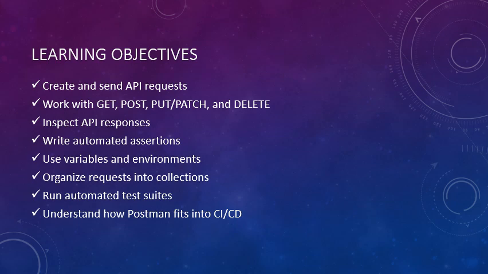We'll organize our requests into collections, connect multiple requests together, and finally look at how we can run those tests automatically using the collection runner and Newman. By the end, you should have a basic understanding of how Postman can take us from manually testing one API request to building an automated API testing workflow. So let's start with just a little bit of background on what we're actually testing.